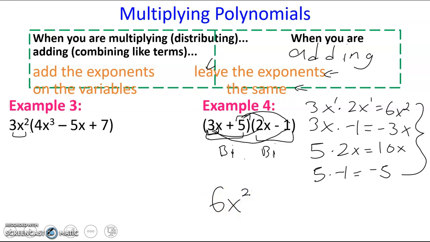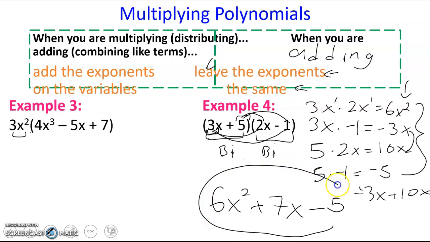Negative 3x, and I see that right here I have a 10x, so I do a quick adding of that. 3x plus negative 3x plus 10x gives me a positive 7x. And then I have a negative 5, which is a constant. I don't see any other constants in my list, so I'm just going to write negative 5. I have no more terms to combine, so that is that right there.